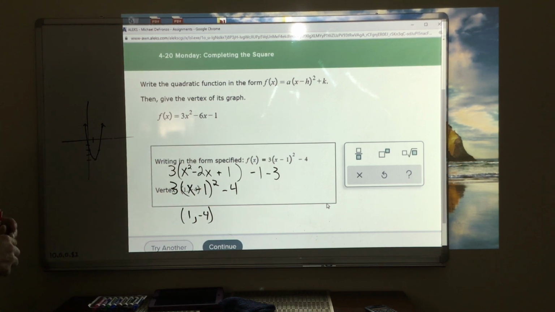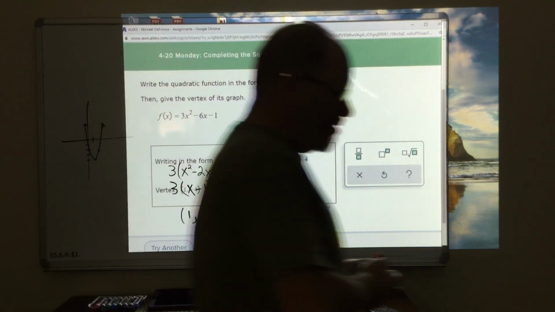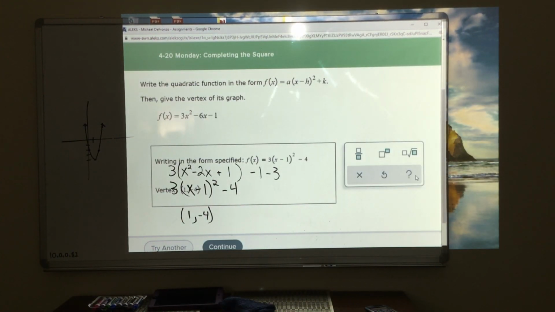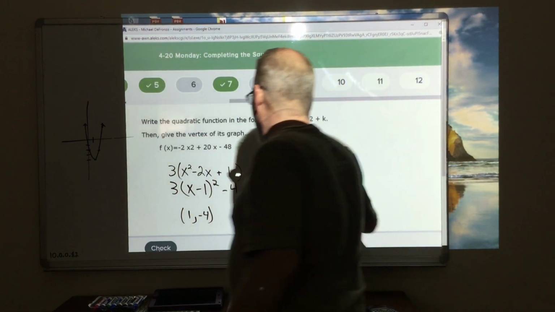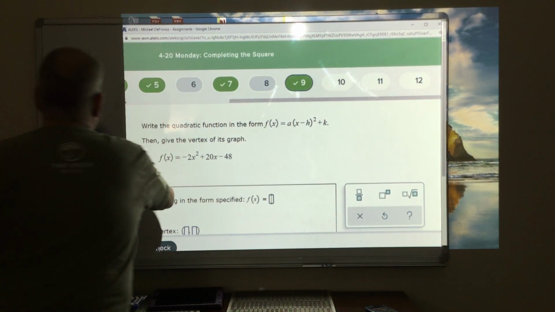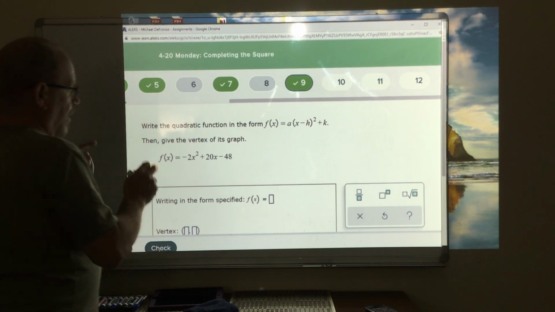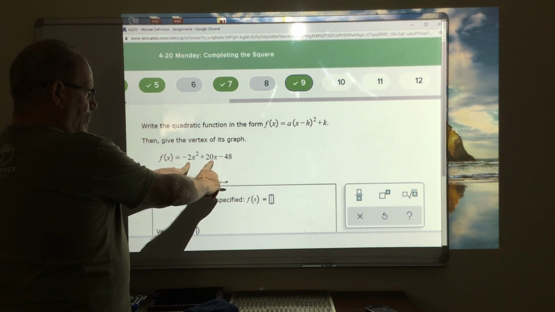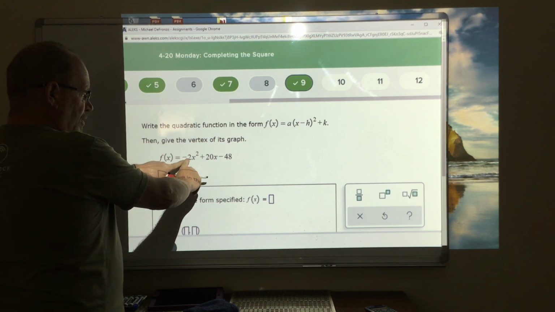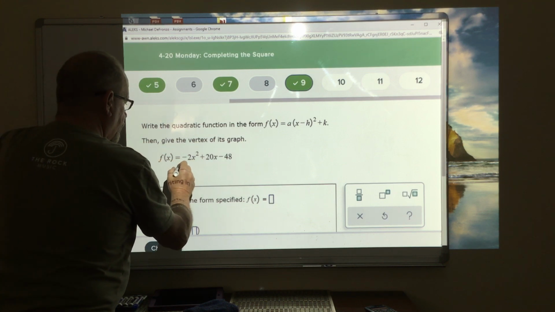Okay, so this is the fun stuff. So why don't we try another? Okay, so again, I'm grouping these two terms together, and I'm factoring out a -2.